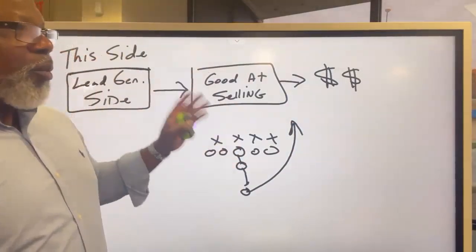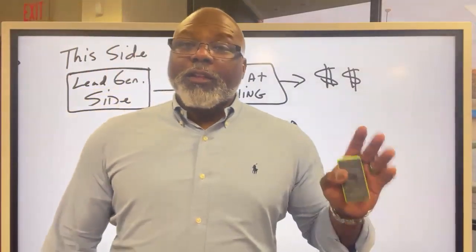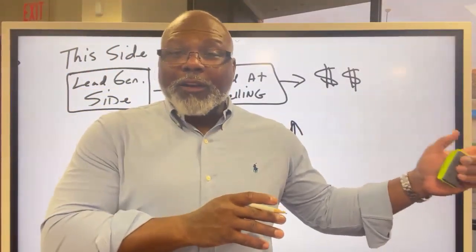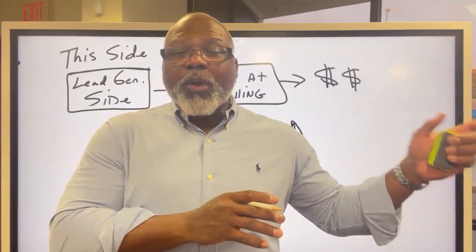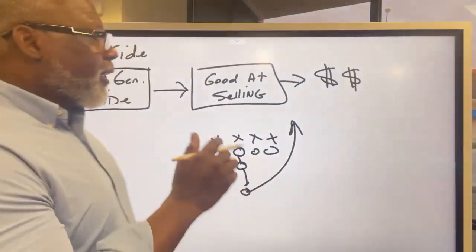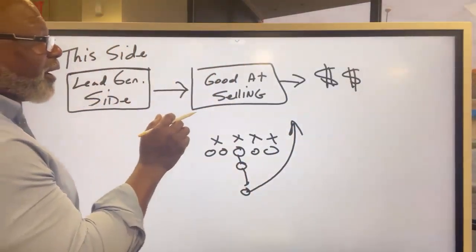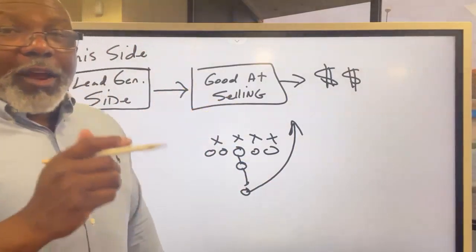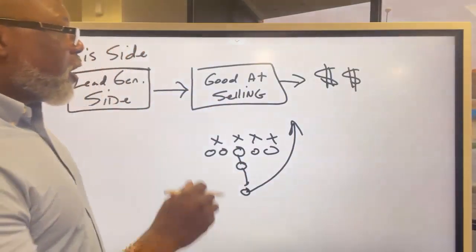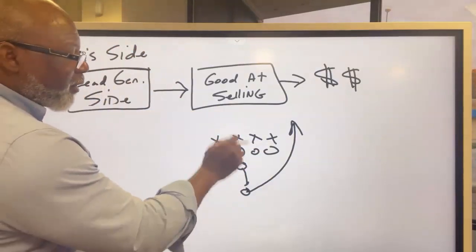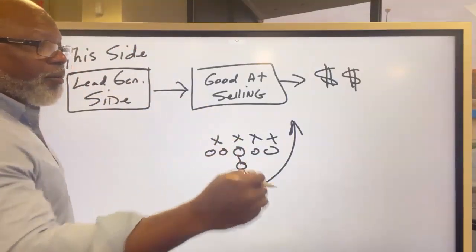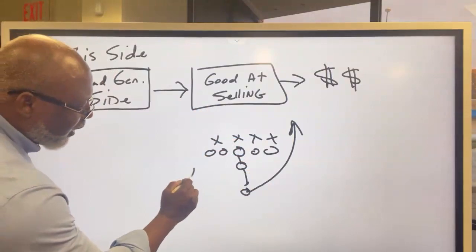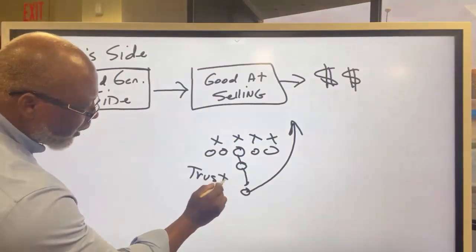So this here is what a lot of business owners thought when they got 10 out of 10 people that they could sell 10 out of 10. They started to understand that they were not as good as they thought at selling, because when that quarterback, or that referral, handed the ball off, they gave them the trust.